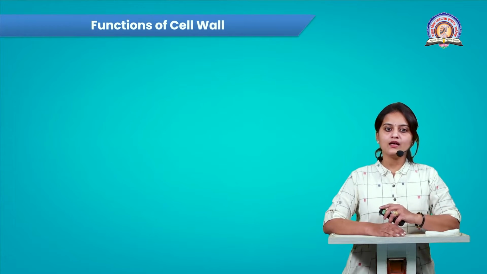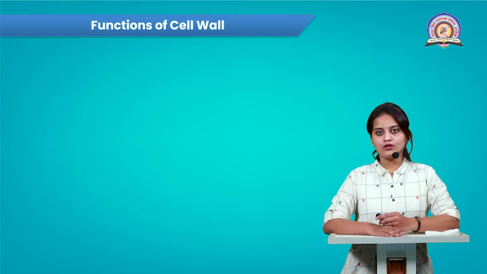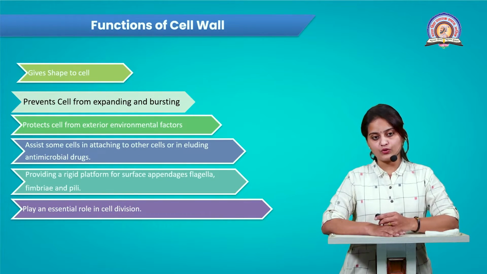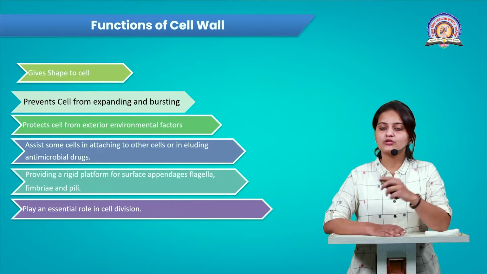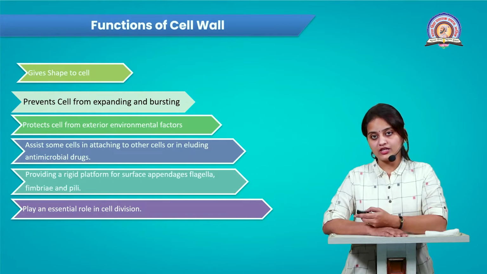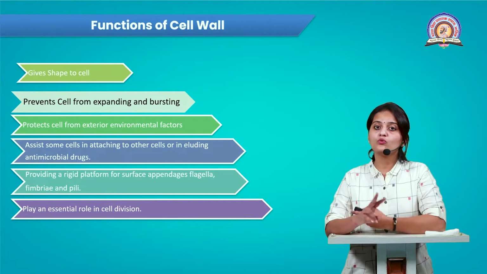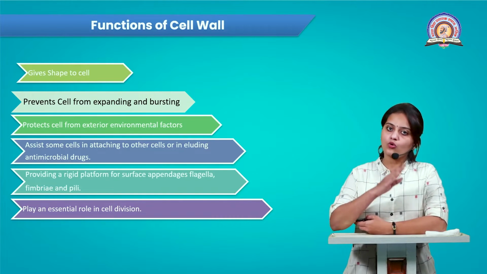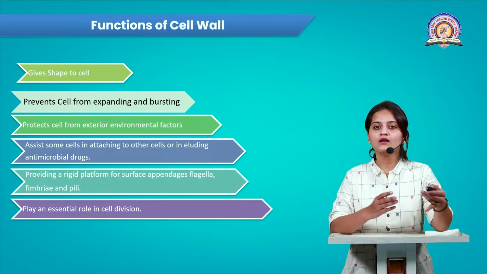So let's start with the cell wall. Before starting, let's see how the cell wall is important. Here are some functions of the cell wall. The first function is that it gives the bacteria a proper shape. We had seen that bacteria have two main shapes, cocci and rod, and those shapes are because of the cell wall.